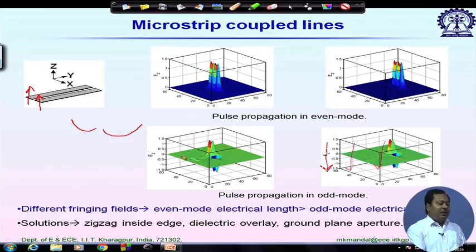And in the second case, the same coupled microstrip line, but in this case we are exciting them by using opposite phase signals. So, one signal in this direction and the other one having a 180 degree phase difference in the opposite direction.